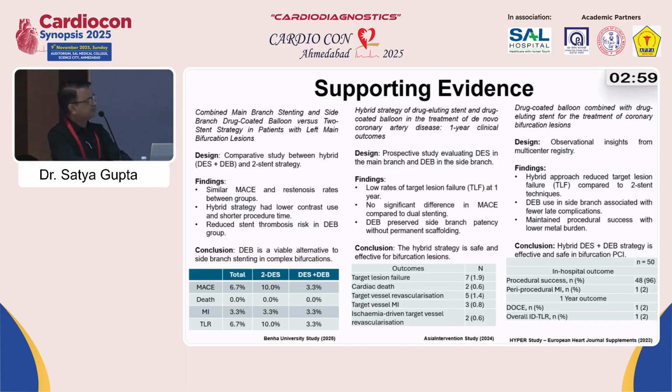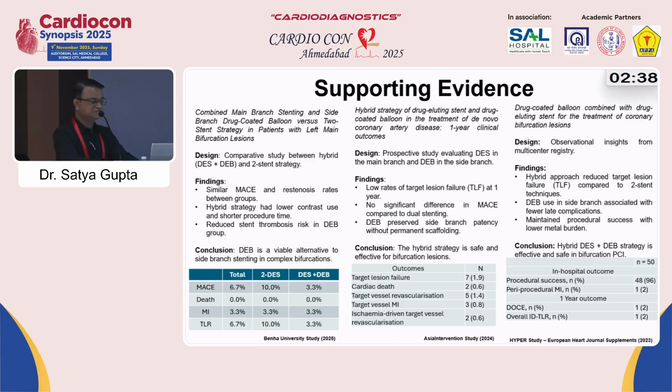So, what are the supporting data for this? Yes, there are multiple studies ongoing, but the University Heart Study shows that if you compare two stents versus one stent plus drug-eluting balloon, MACE is significantly reduced, and target lesion revascularization is also significantly less.